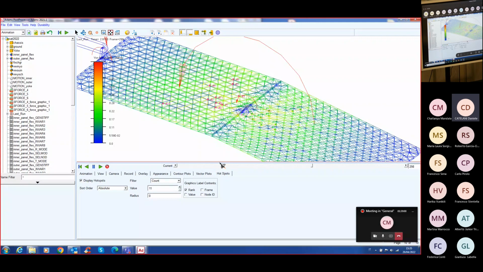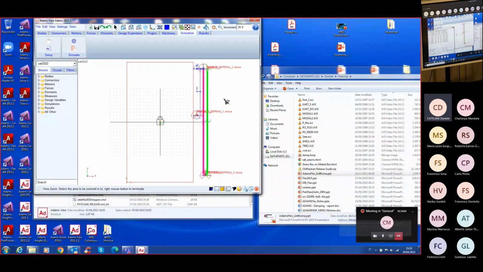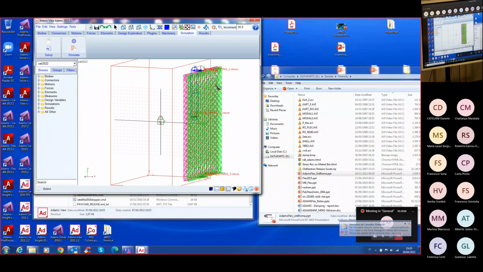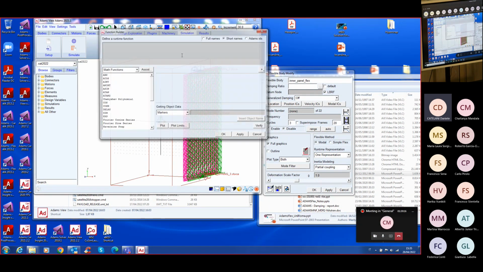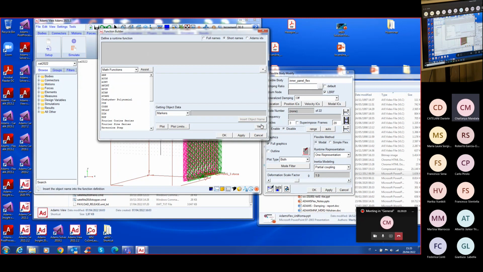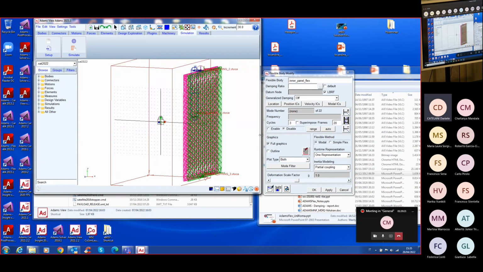Yeah, you can model damping viscous behavior, changing damping here, using a constant value or using a function. If you need to change something else like material, you have to go back to the finite element code, change the material, and recreate a modal neutral file.